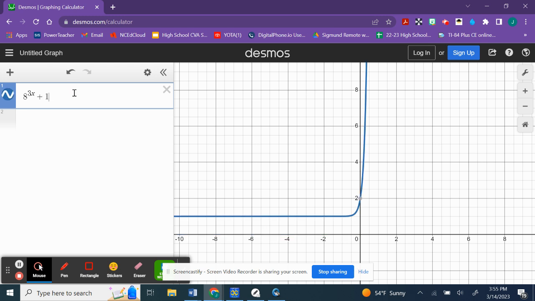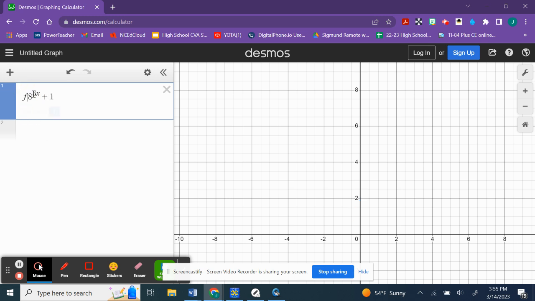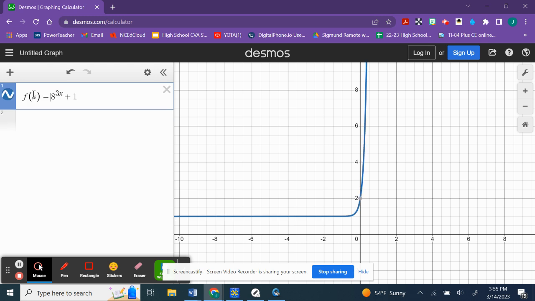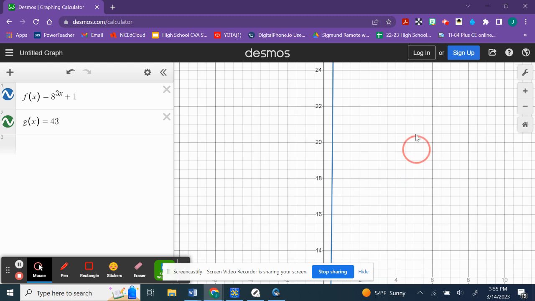So there's my log, and the problem said 8 to the 3x plus 1 is equal to, so we're going to make this one function, and we'll call it f of x. Or you could put y. I like to do f of x because we're about to put another function in, which we'll call g of x, and that's the output, which in this case was 43. We are going to look for where they intersect.